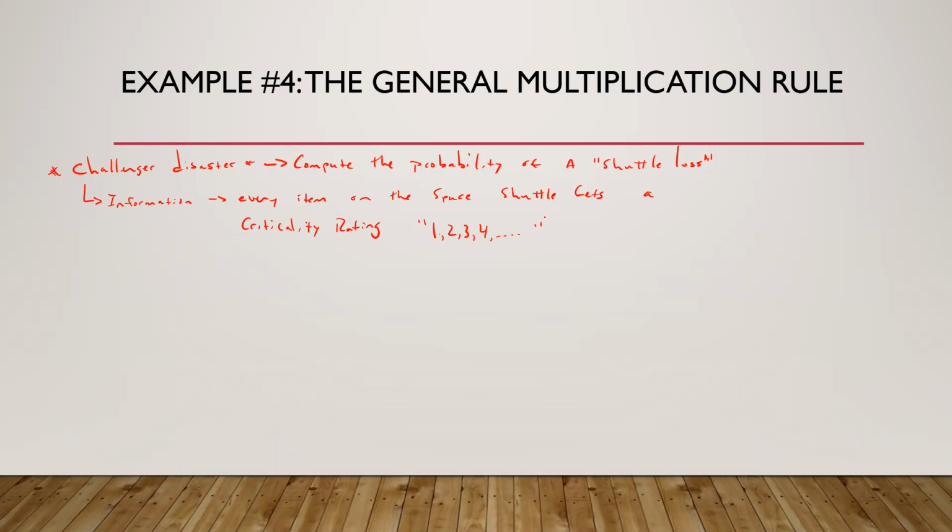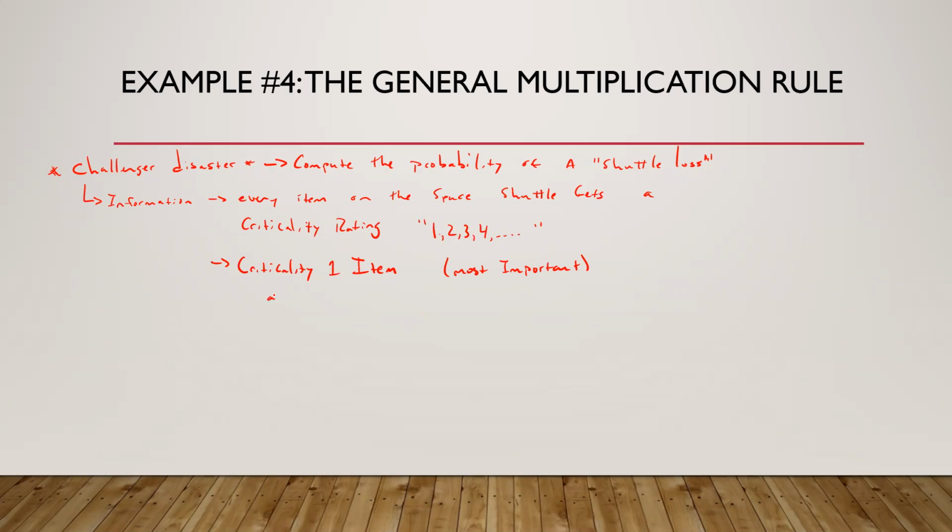The most important items on the space shuttle are classified as criticality 1 items. These are the most important. And let me give you some information about criticality 1 items.